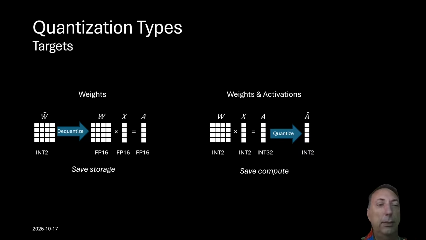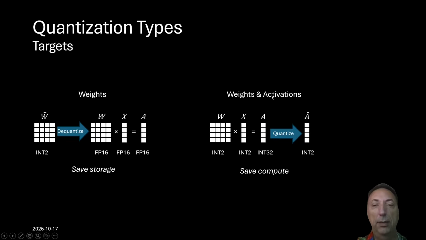And finally, there are 2 major types where we can target weights, or weights and activations. In weights-only, you're doing all your math still in FP16. Your 2-bit weights really just serve as data compression. You take your 2-bit weights and decode them into FP16 and do all your math in FP16.